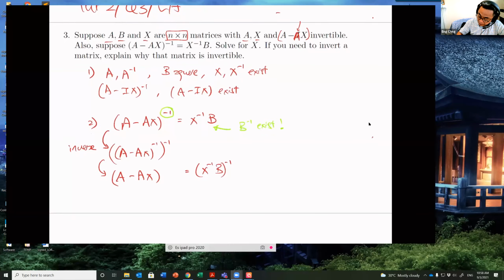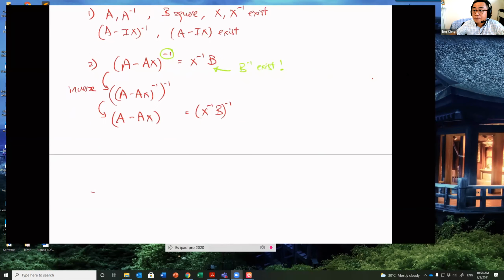We already figured out that the inverse of a product becomes B minus 1, X minus 1, minus 1.